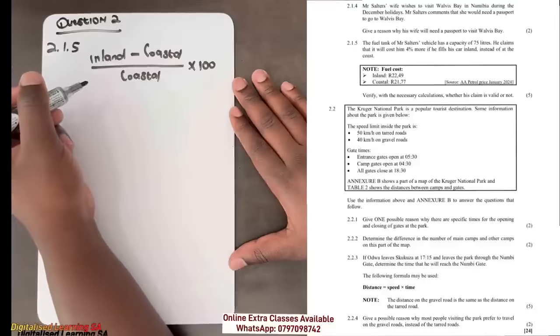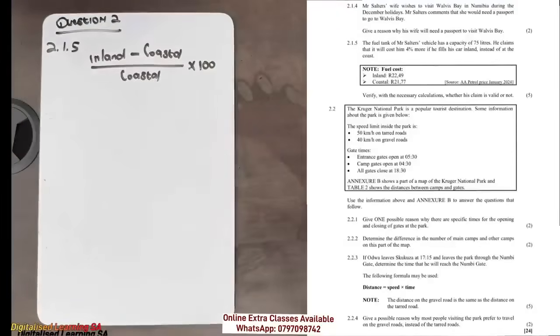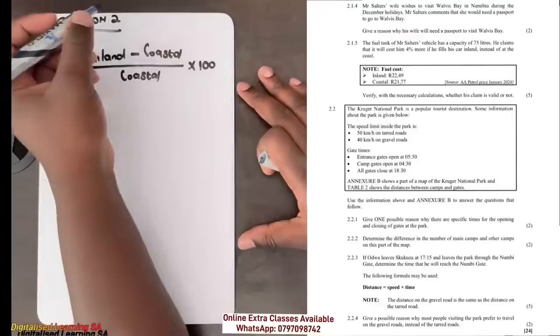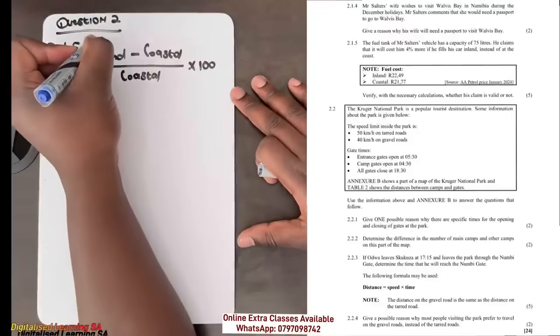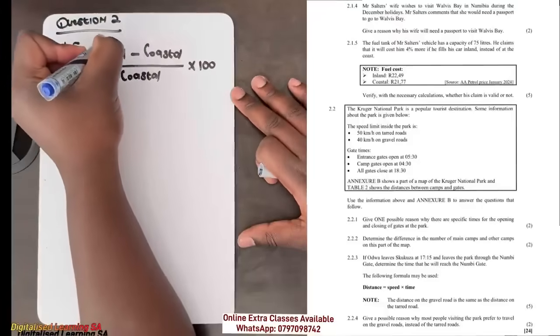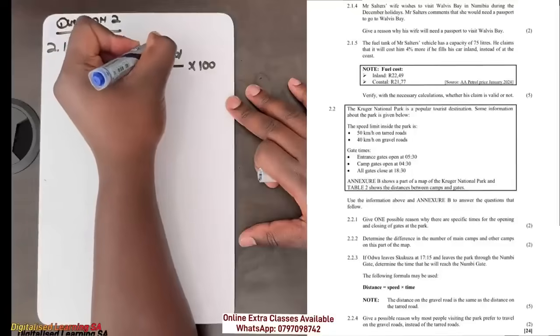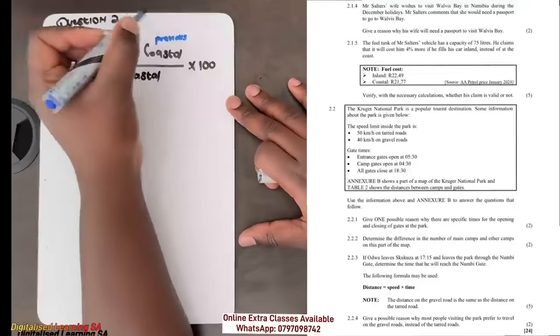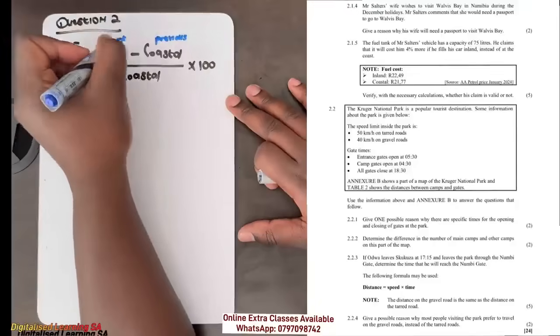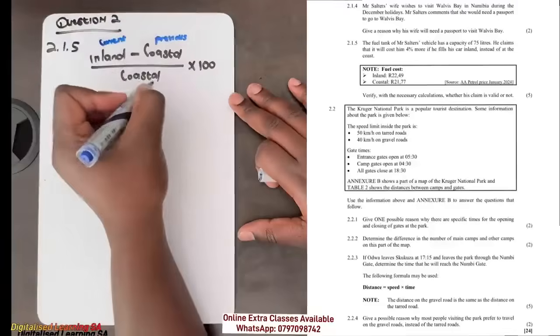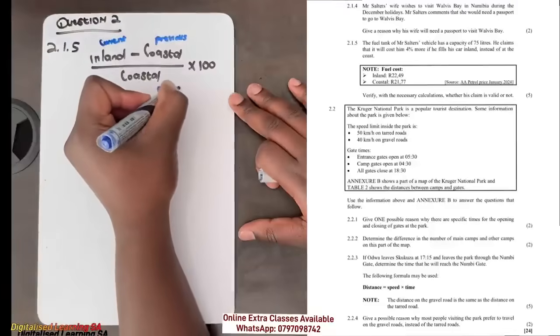If we are calculating the percentage change, sometimes you'd find that this would be current, and this will be previous. In some of the equations, you'd find that this would be our current, and this will be our previous.